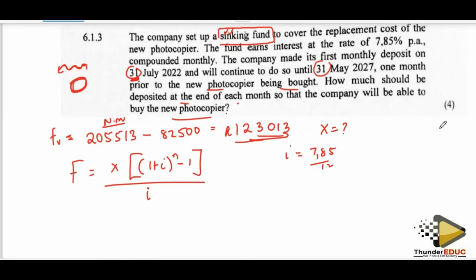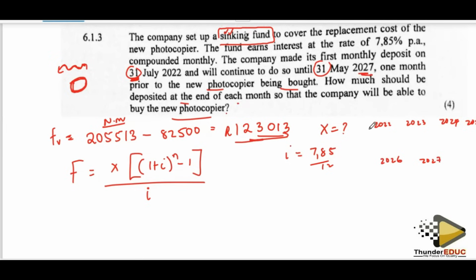Okay. So since the first deposit was made on the 31st of July 2022, okay, 2023, 2024, 2025, it's going to be 2026 and 2027.